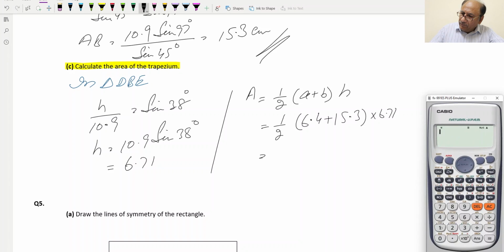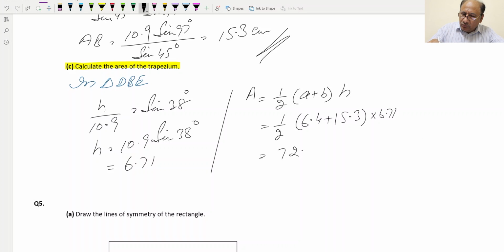This will be 1 over 2 into bracket 6.4 plus 15.3 bracket close and into 6.71, and this is resulting to 72.80.